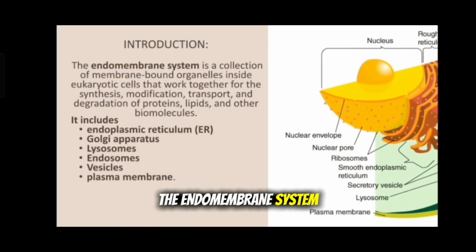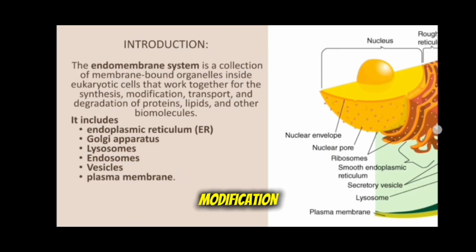The endomembrane system is basically a group of membranes inside the eukaryotic cell that work together to produce, modify, transport and deliver proteins and lipids. You can think of it as a cell's delivery and recycling network. It includes several key organelles, and the first one is the endoplasmic reticulum.